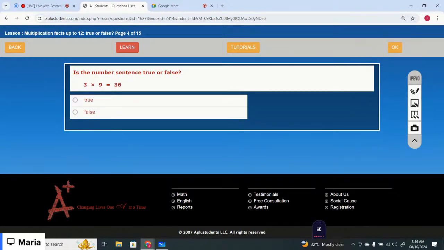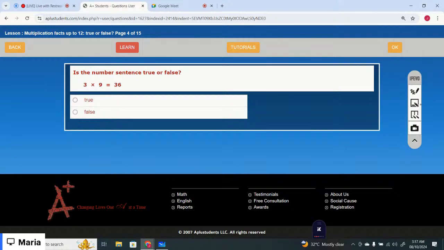Is the number sentence true or false? 3 times 9 equals 36. So which is the correct option? The correct option is false it is, right?